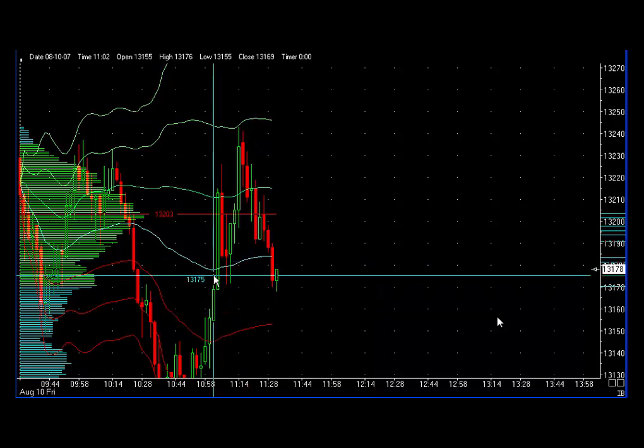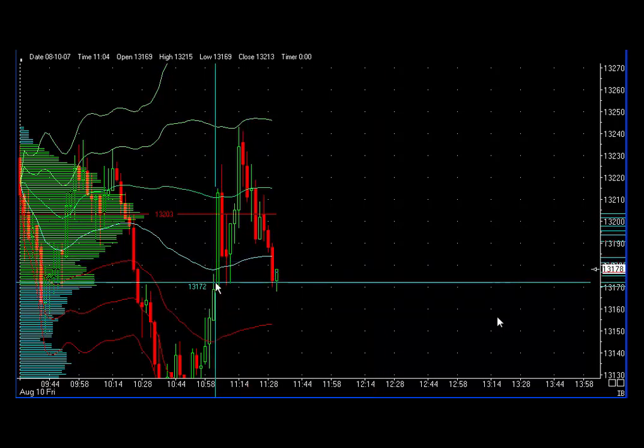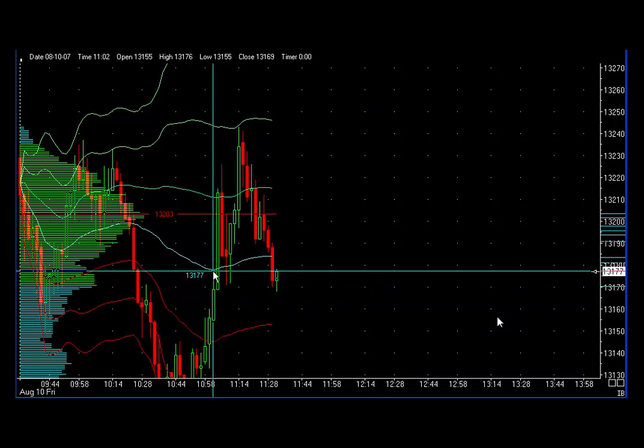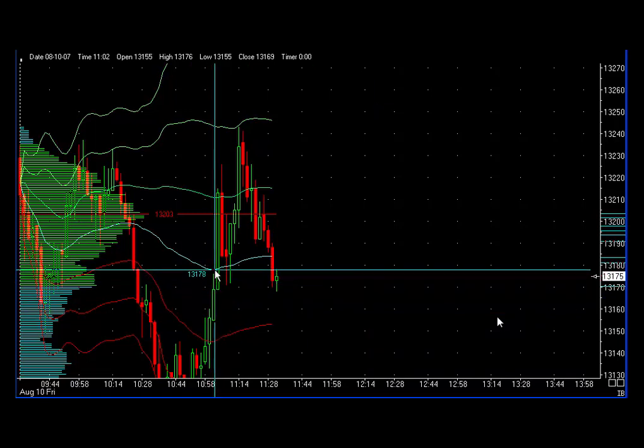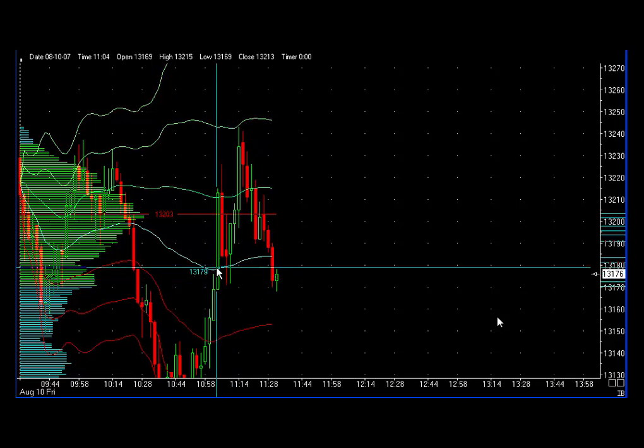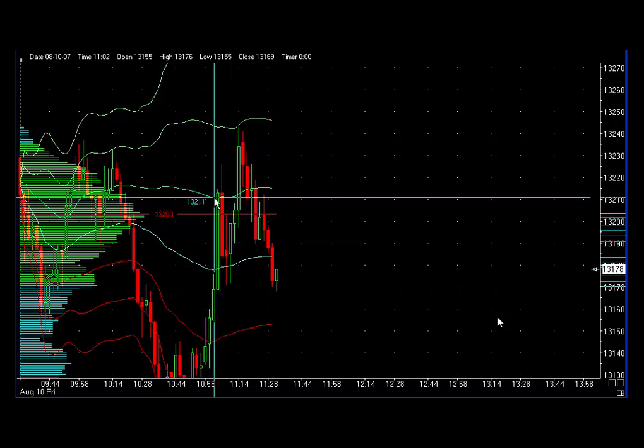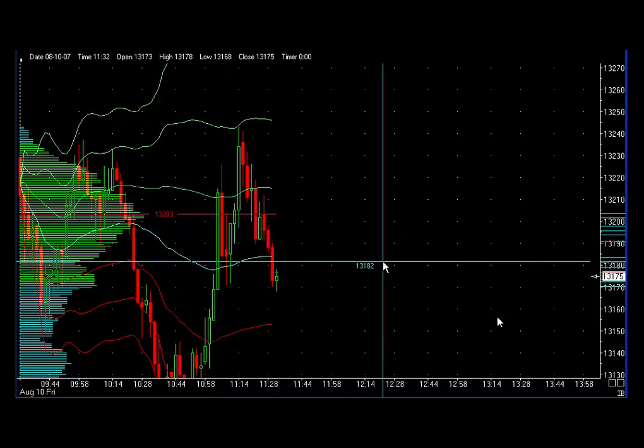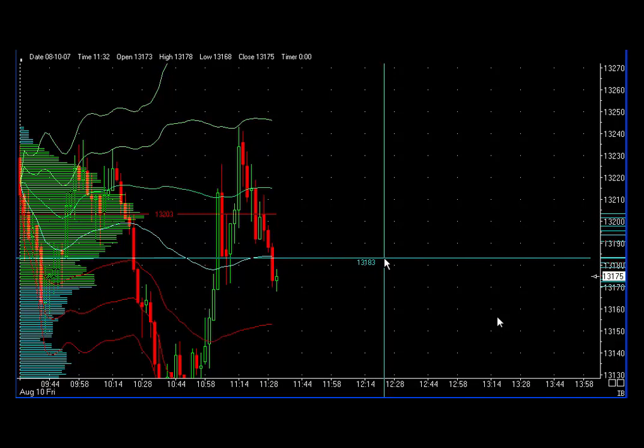You see, if you didn't do that here, where the market moved back up to the VWAP, if you entered immediately, you would have been in a losing trade. Market just kept rising. So you don't enter right at the retrace at 13,183, but you're going to wait.